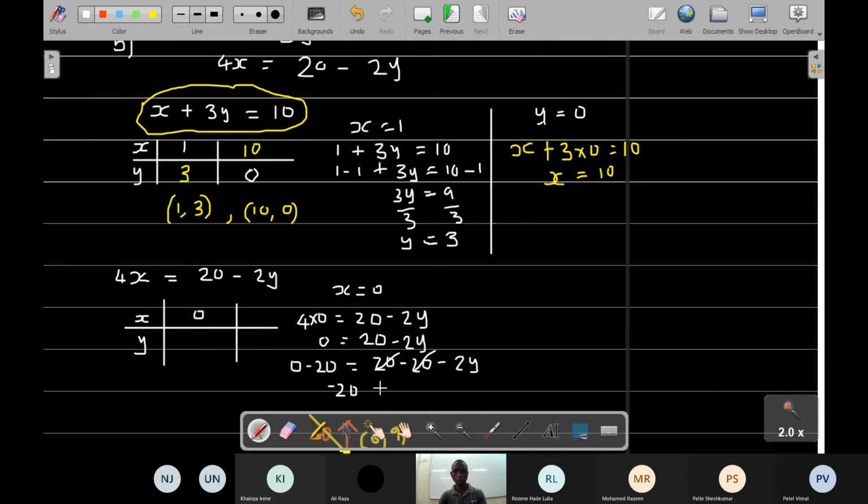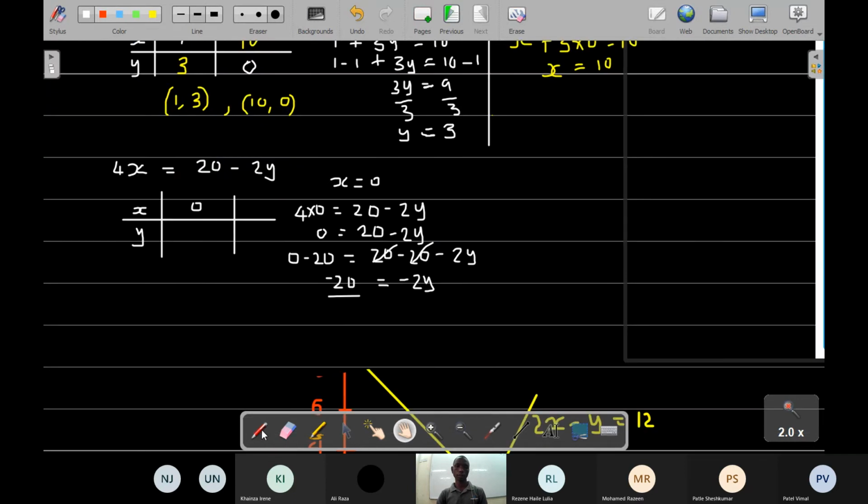And this is equal to negative 2y. So I can divide on both sides by negative 2.